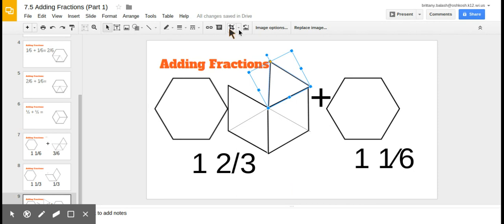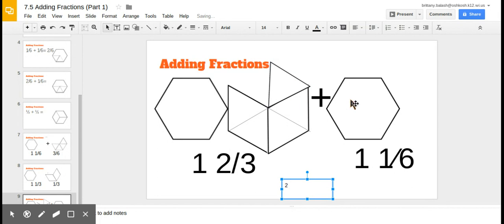So my answer for this problem would be 2, because I have my 2 whole numbers, my whole hexagons, and 5 sixths. That 5 sixths came from the 5 triangle pieces, which are each equal to 1/6. And we'll go through adding mixed numbers a little bit more, but I just want to give you a sneak preview of it.